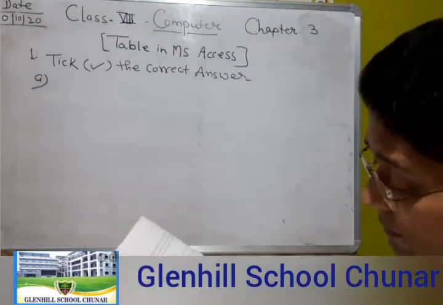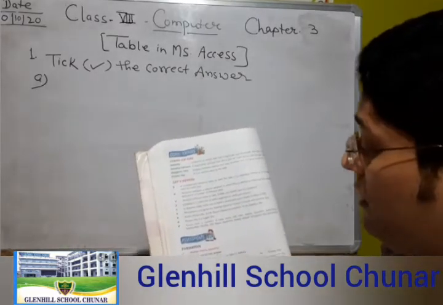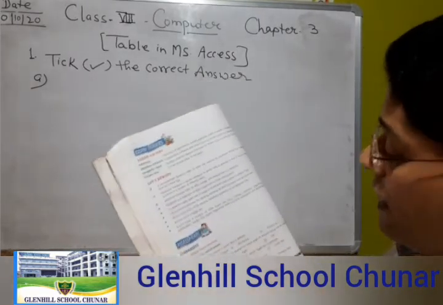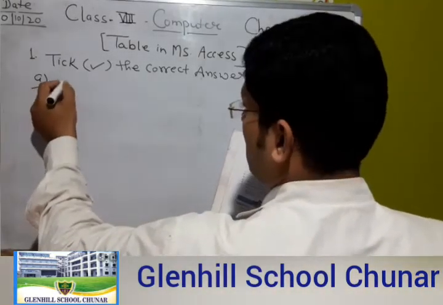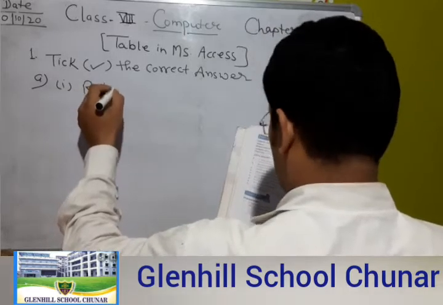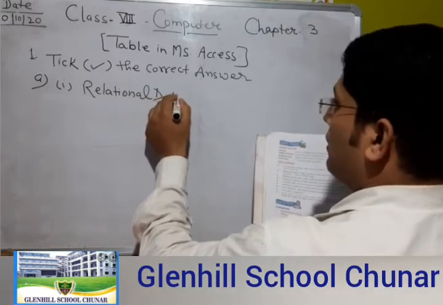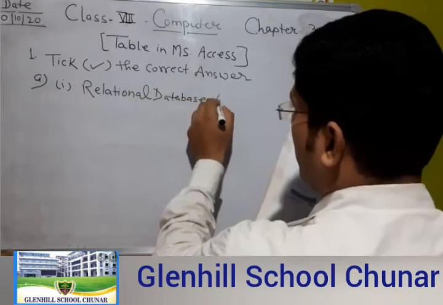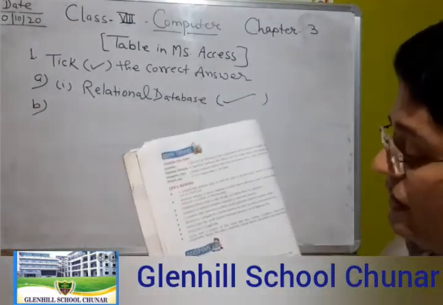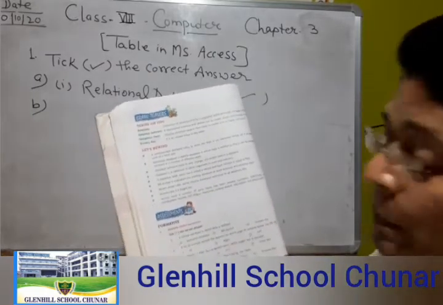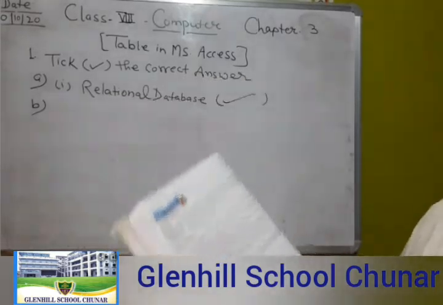Your first question, a tabular database in which data is defined, that's relational database. And B, a list of recently opened files appears on which edge of the window below the File tab?